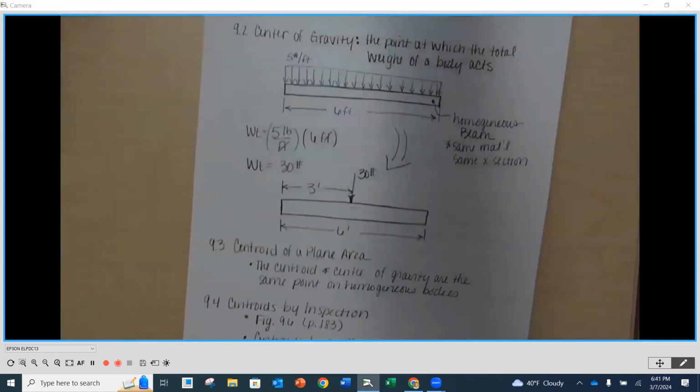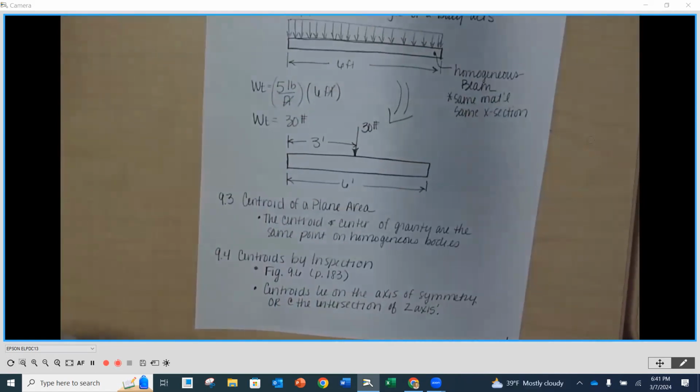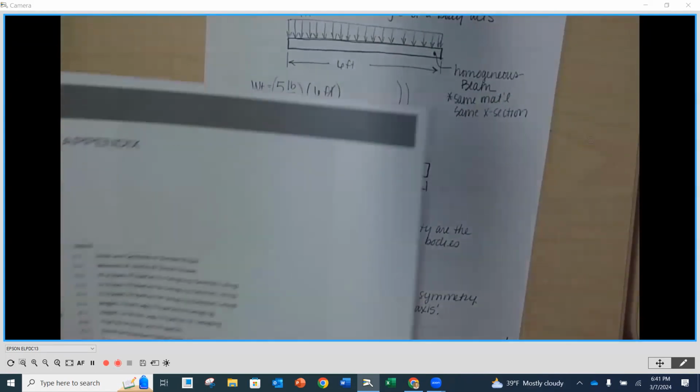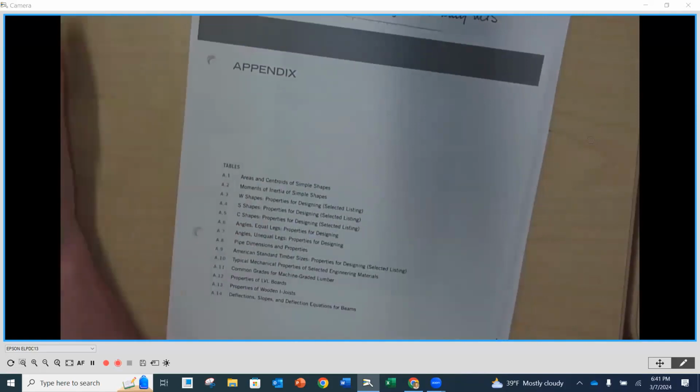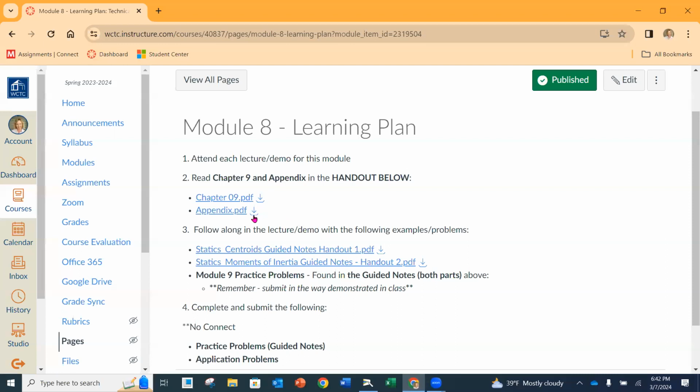Now, the centroid of a plane body is very easy to find. When we have, for instance, a circle or a square or a rectangle, we can easily find what the center of a plane area is going to be. In the appendix section, which is also part of a PDF that you're given in our learning plan, you'll notice that we have the chapter 9 PDF, which is the chapter itself, and then we also have the appendix.